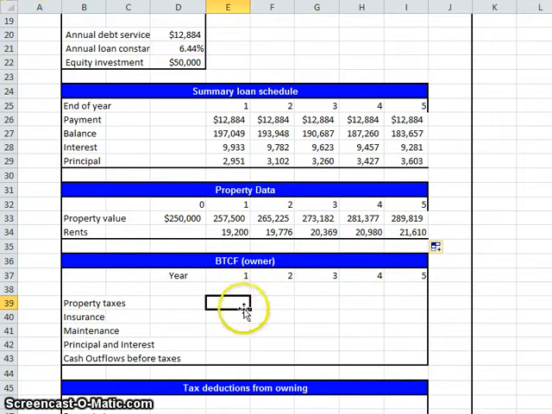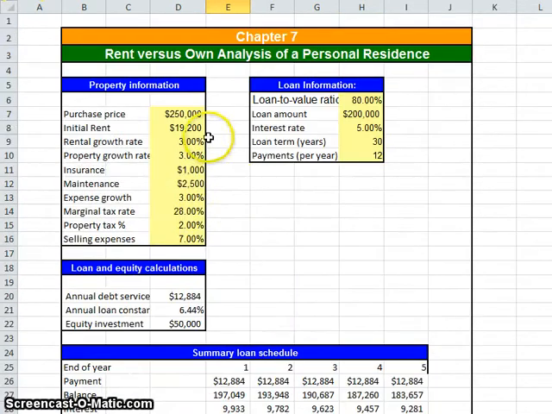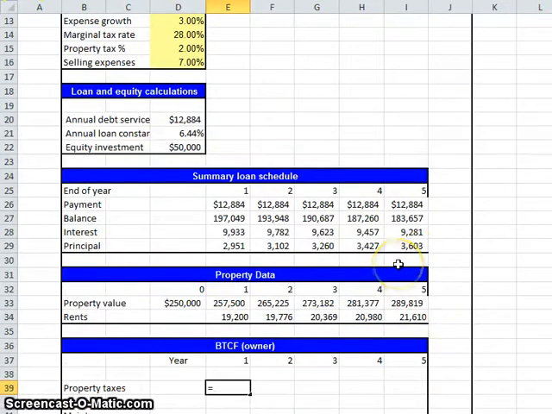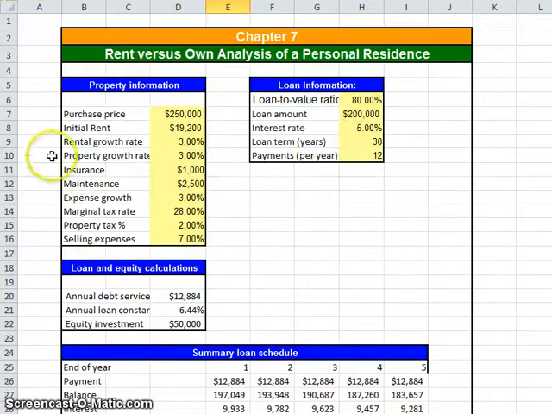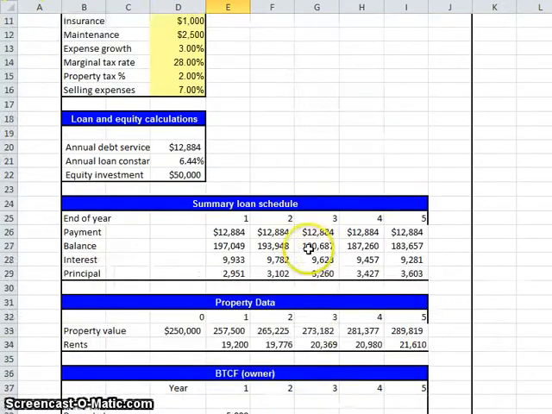Right, our property taxes should be $5,000 to begin with. Find that out. Take our property tax rate, multiply that by the total amount, get 5,000.